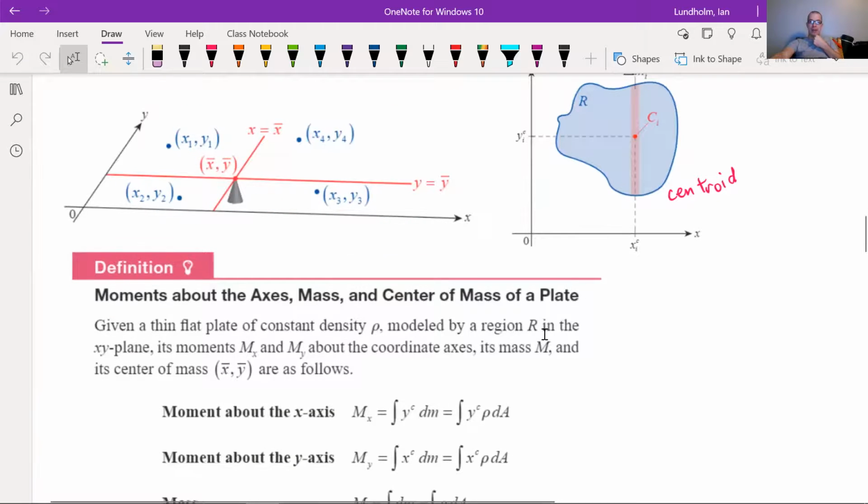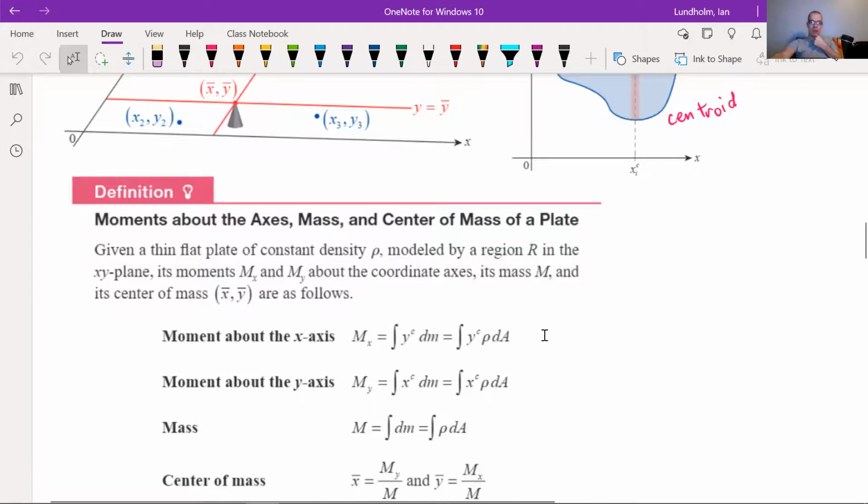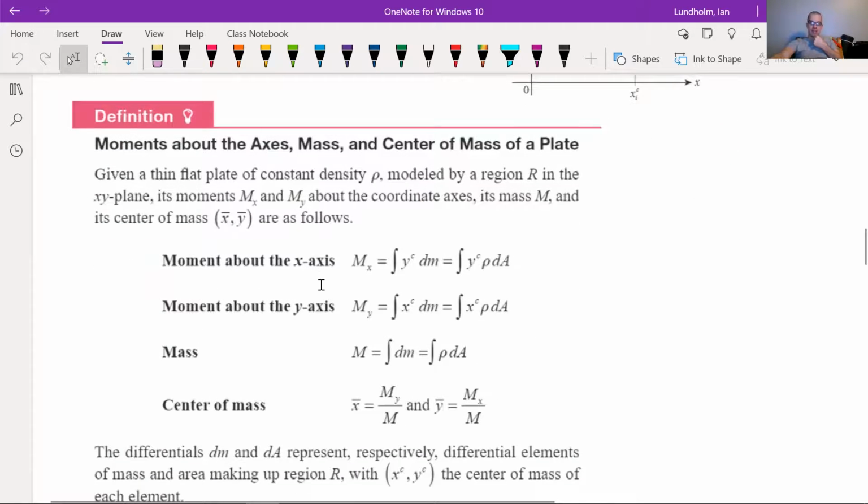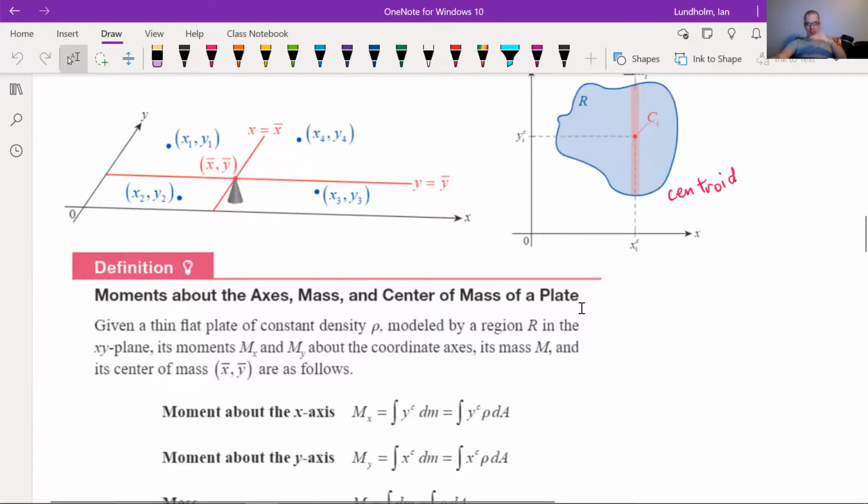In order to do this, you would calculate a moment about the x-axis and the y-axis. Notice that those letters change because the x-axis is y equals 0, and the y-axis is x equals 0. And so you're calculating moments based off of those axes.